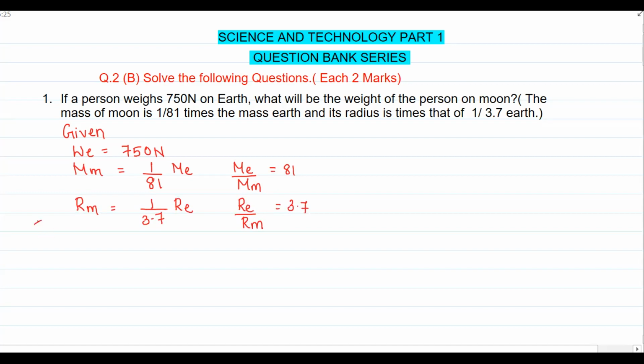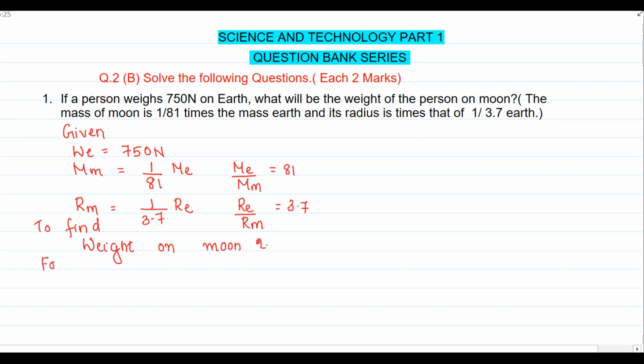Okay. Next is to find. We want to find the weight of the person on Moon. This is what we want to calculate.